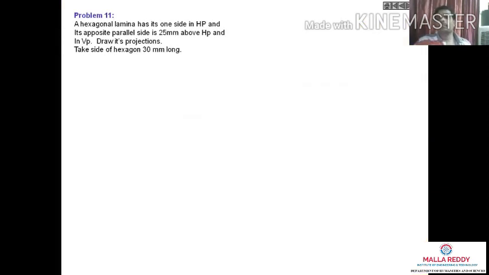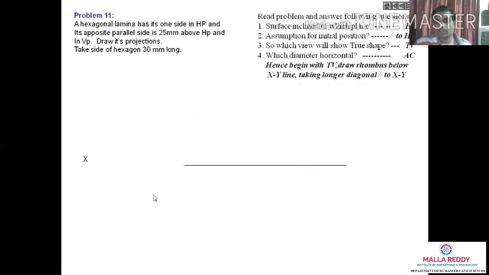The hexagonal lamina has its one side in the horizontal plane and its opposite parallel side is 25 mm above the horizontal plane. And in VP, draw its projections, taking the side of the hexagon as 30 mm. So here it is resting on one side in the horizontal plane. So the first step will be below the horizontal plane, below the XY line, and since it is resting, the side will be on our left side.